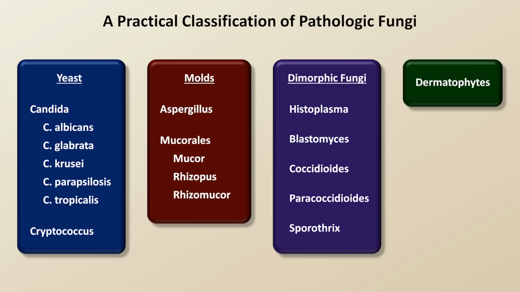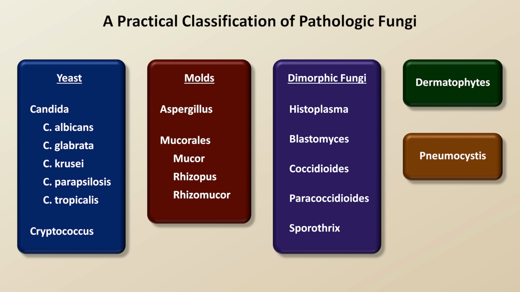The dermatophytes, the individual species of which do not matter. And finally, Pneumocystis, a single species which gets its own category because it's quite clinically distinct from the other fungi listed here. And please note that this classification scheme is more of a practical scheme based on their clinical manifestations and is not meant to be an accurate representation of their formal taxonomy.